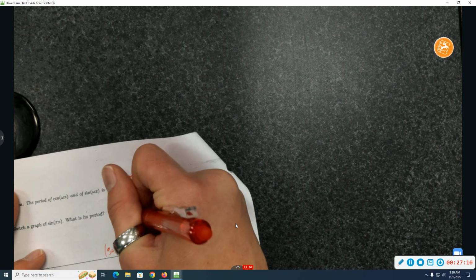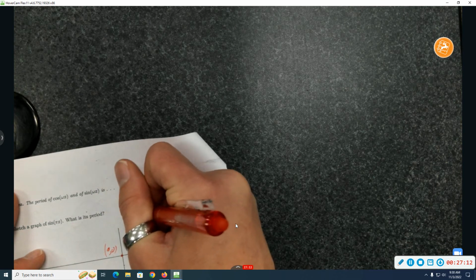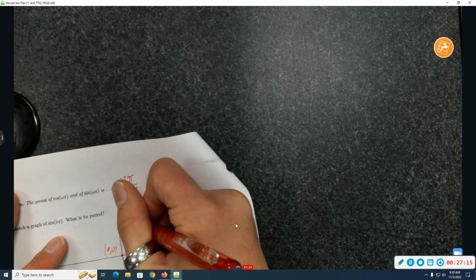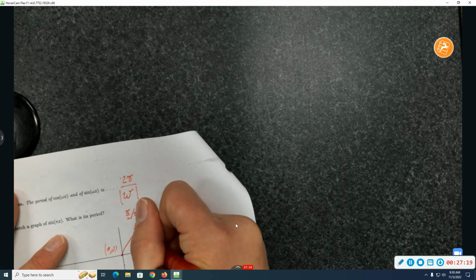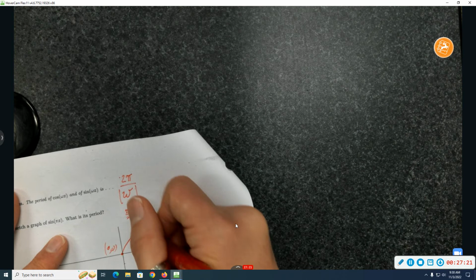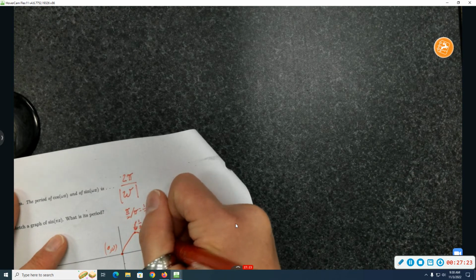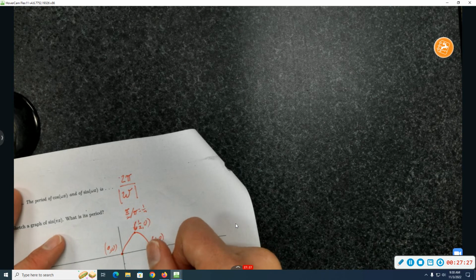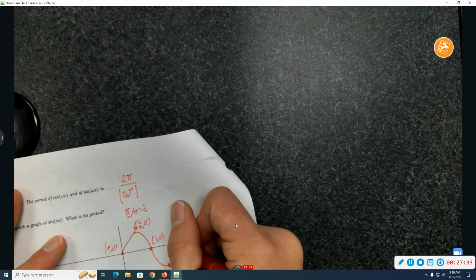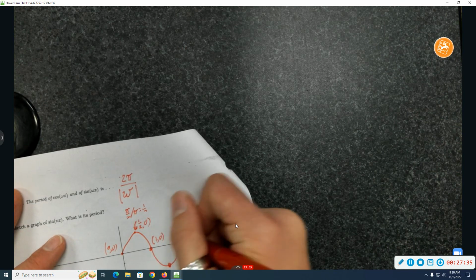Pi over 2 over pi is just 1 over 2, so this is the point 1/2, comma 0, and in some sense that's enough. That tells you it should get back down to 0 at 1, 0. This minimum should happen at 3/2, comma -1, and then it should come back up to 0 at 2. And then it will repeat.